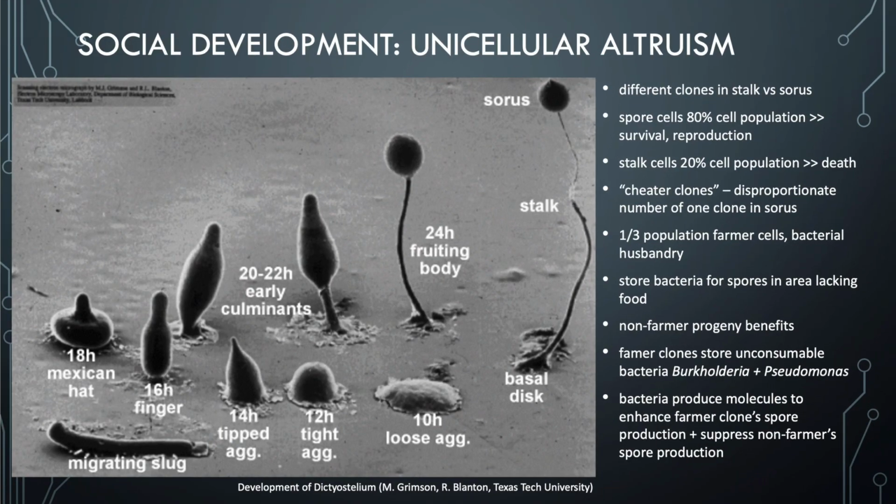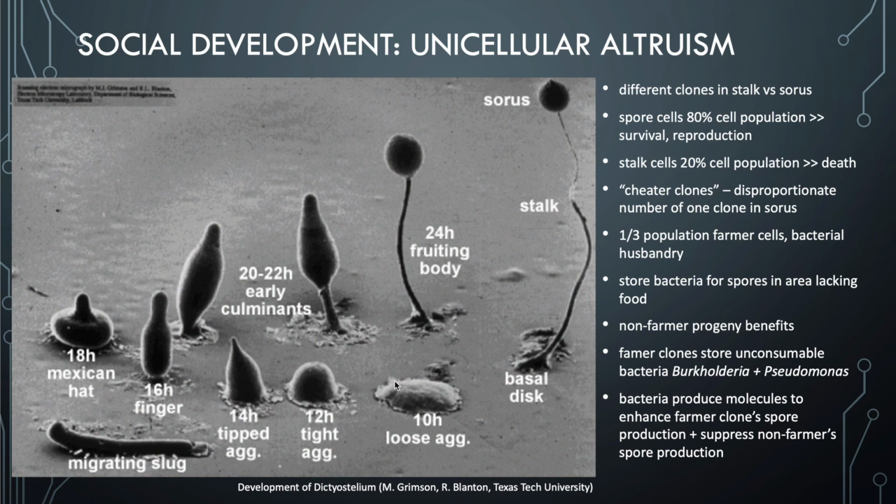So as a result of this incredible potential that these organisms display, social development studies have been undertaken, and in particular studying unicellular altruism. Before I describe that, I just wanted to show you this image on the left that goes through the different 24-hour cycle that these organisms organize themselves into during that time in order to sporulate and avoid starvation.